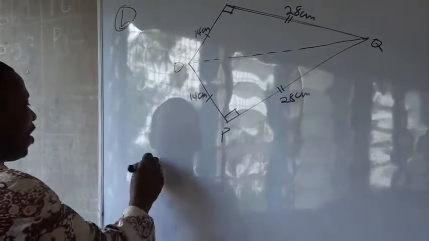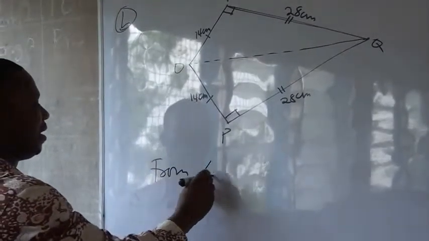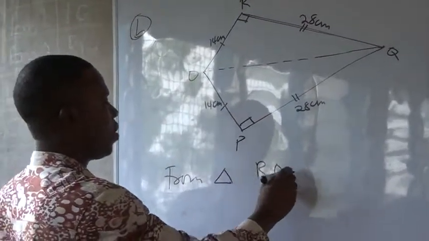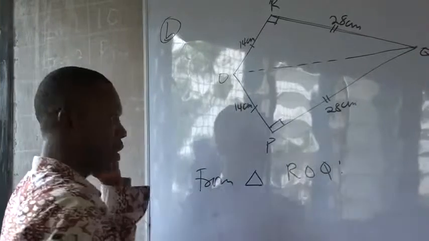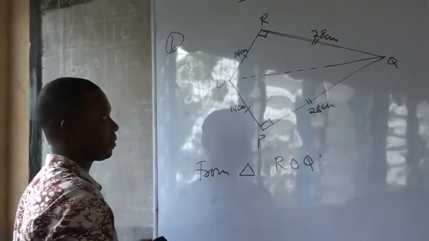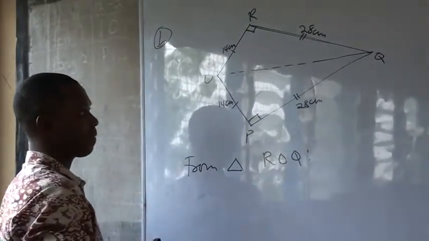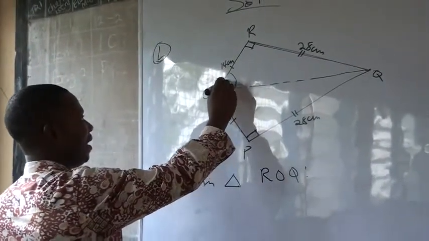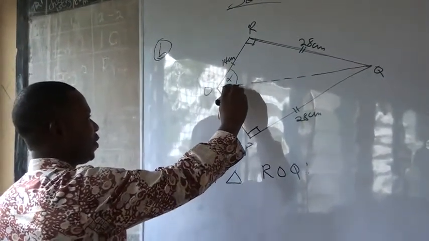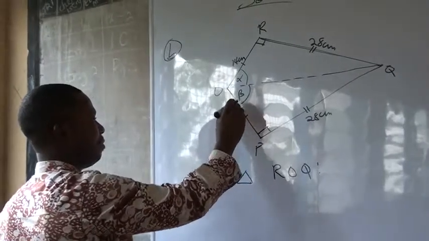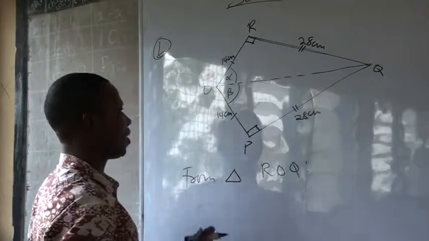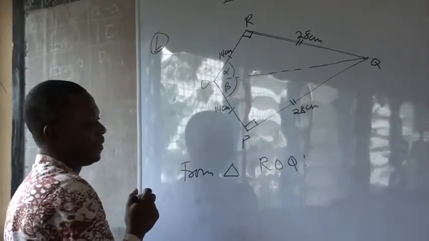Yes. So from triangle ROQ, what do we have? We can call this angle here alpha, and this one here beta. Agreed? Yes. Okay.